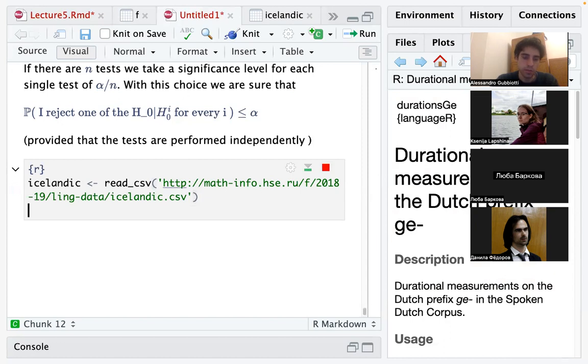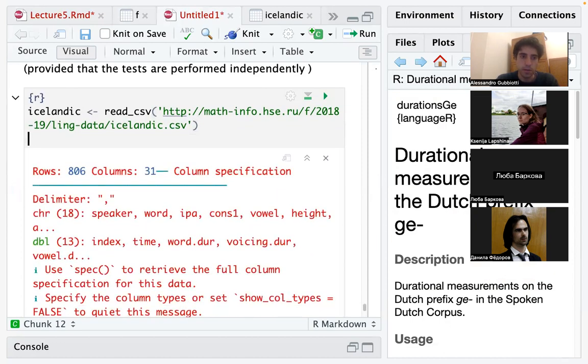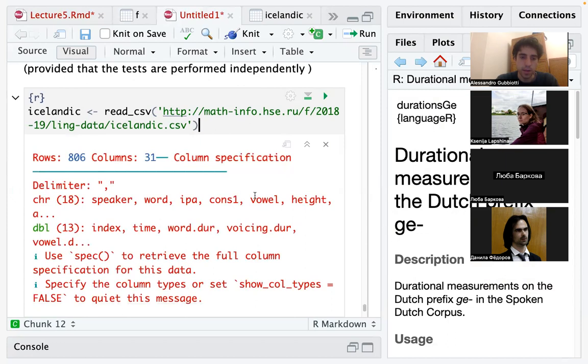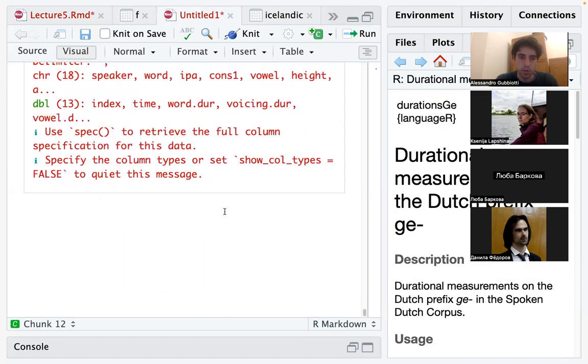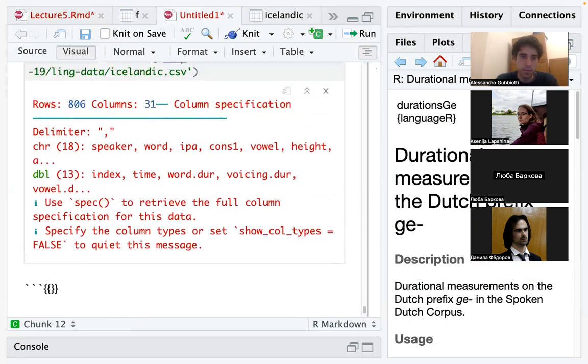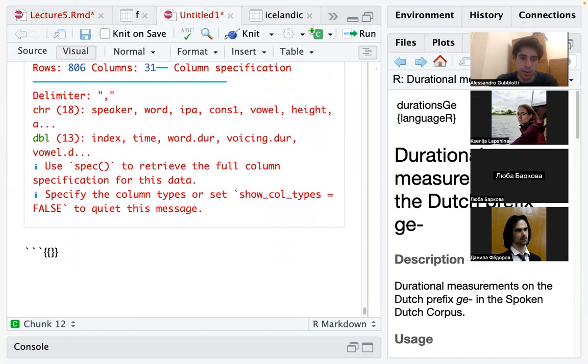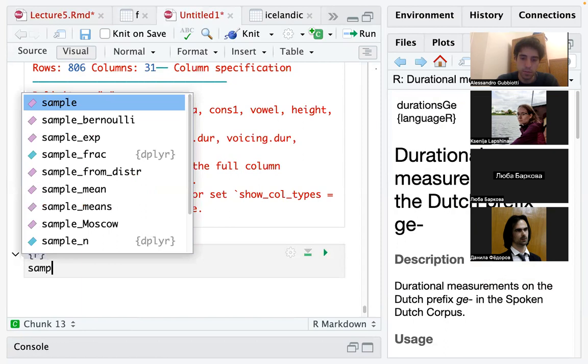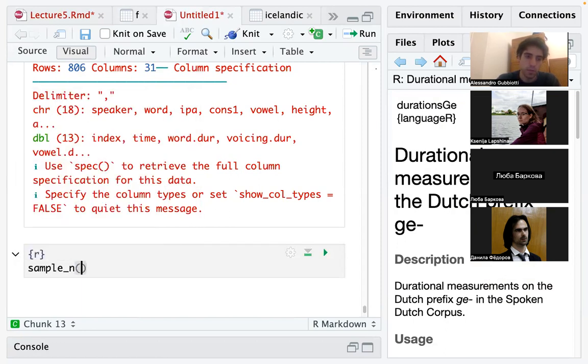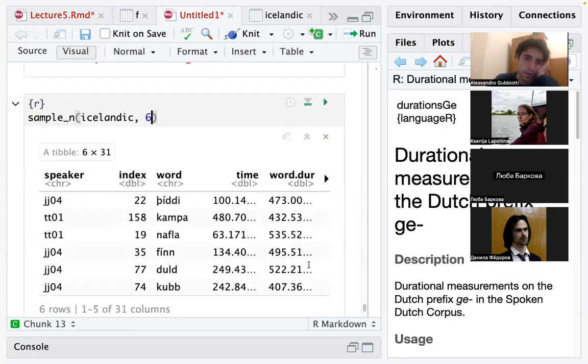We can look at it by taking a sample of 6 elements and look at what we get from it.